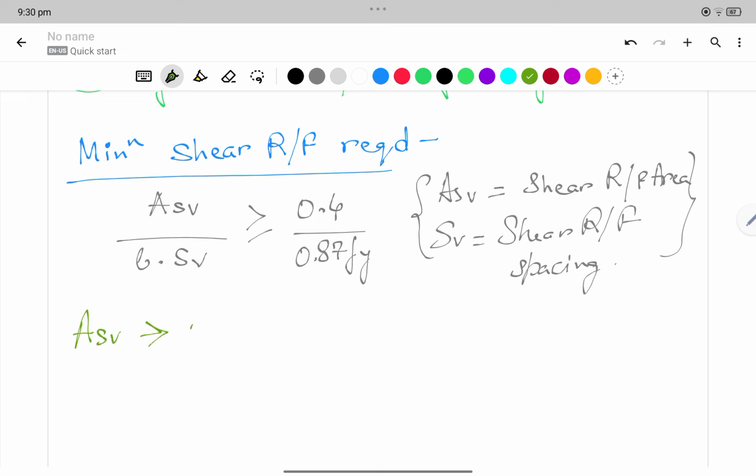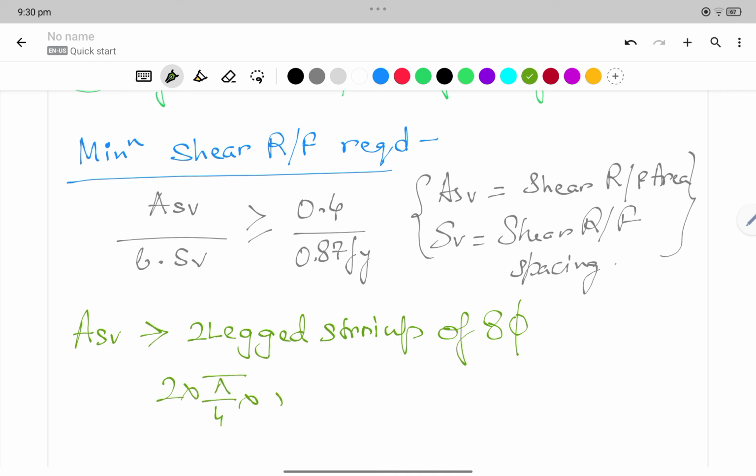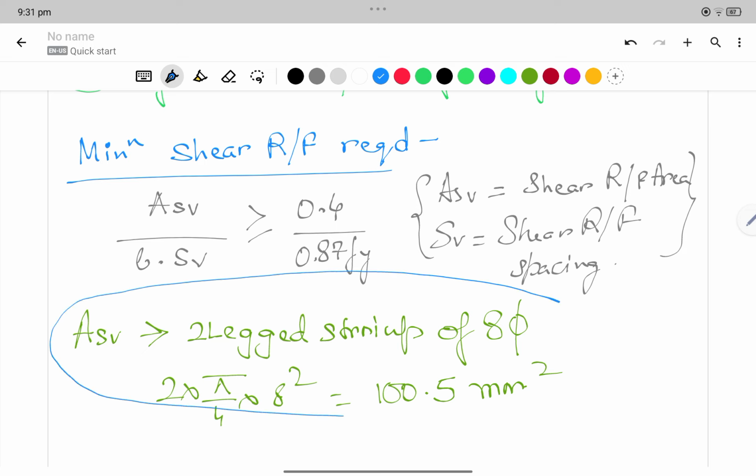We generally take a two-legged stirrup of 8 mm dia. So how will we calculate it? 2 into pi by 4 into d square, which comes out to 100.5 mm square. So if ASV is not given, we will take this value.